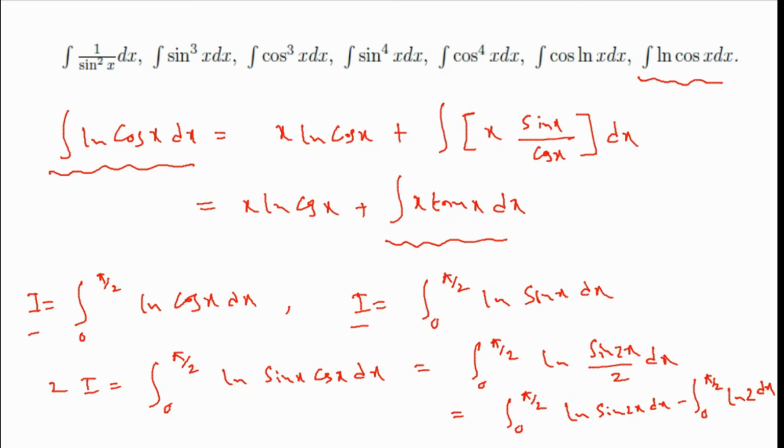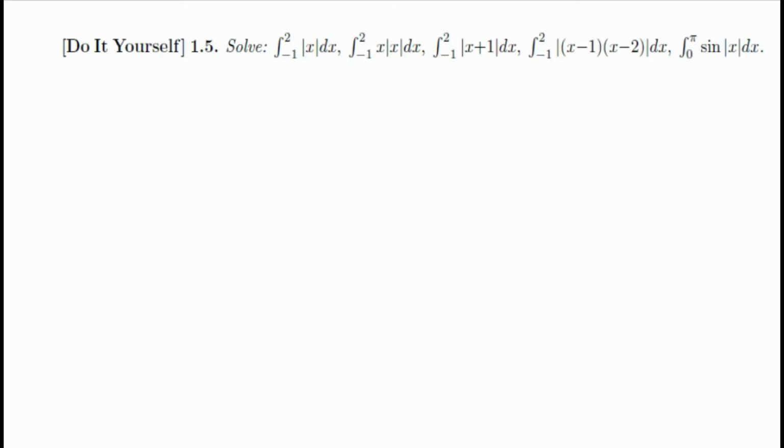Now this you can easily solve. So this is pi by 2 ln 2, and for this part you can just put 2x equal to z, and ultimately you will find this part is equal to some constant c times I. C may be 1 or not, I don't know, I need to check it out. So like this you can solve that one.